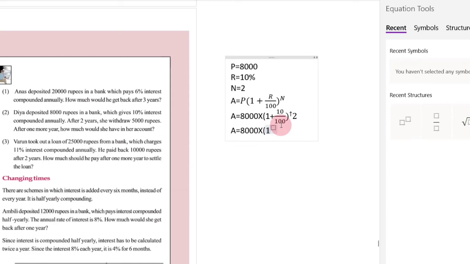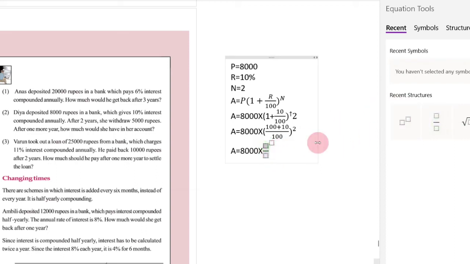So that is 8000 into 100 plus 10 by 100 the whole square. Amount A is equal to 8000 into 110 by 100 the whole square.